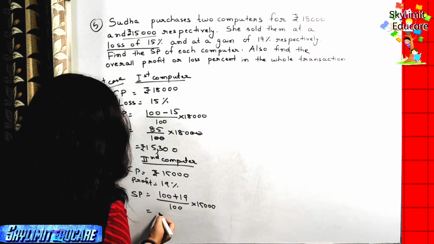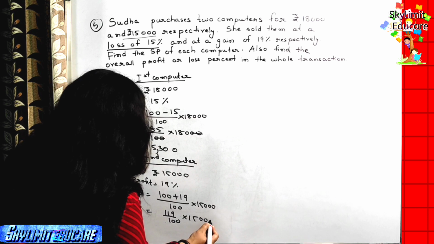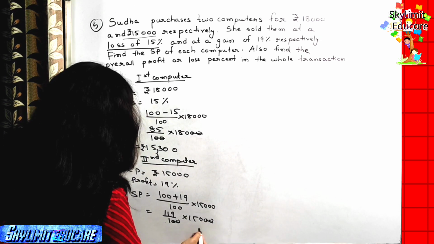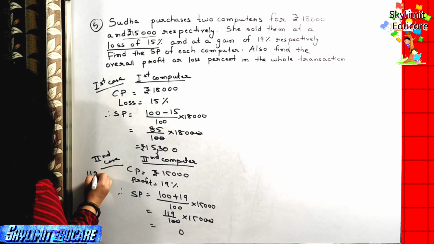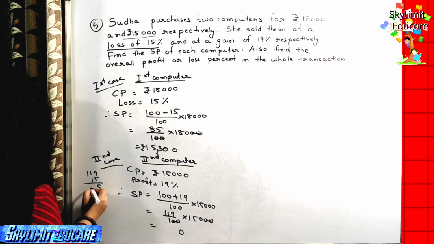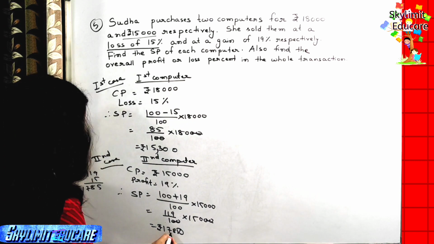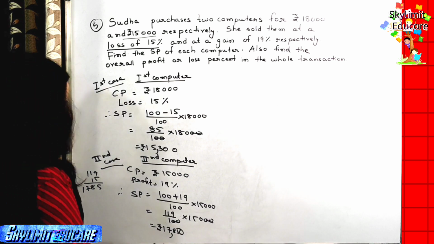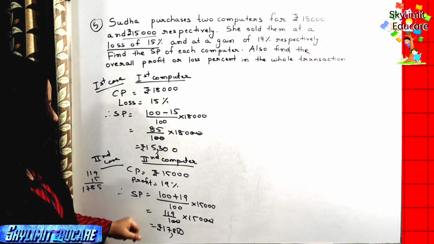So this is equal to 119 by 100 multiplied to 15,000. So 0, 0, 0, 0 cancels out. Now let's multiply, 1 0 will come here. So 119 multiplied to 15 is 1785. That means 17,850, and you can see also the selling price is greater than the cost price. That's why she has incurred a profit.